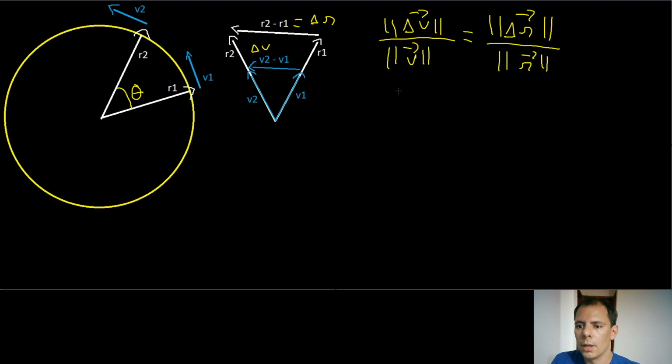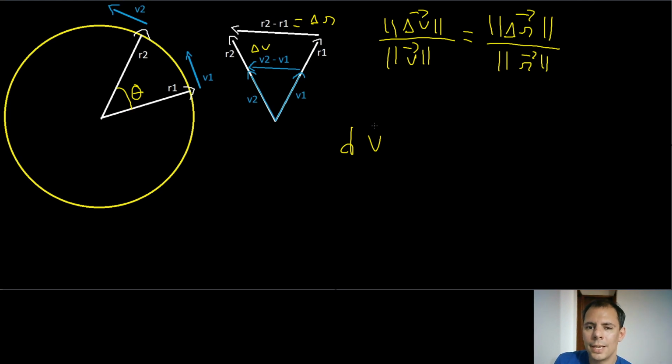Doesn't matter. Now, what am I going to do? I'm trying to find out the magnitude of the centripetal acceleration vector. Well, I know that the derivative of the velocity vector, because this is just an average change in the velocity vector, it's this v2 minus this v1.